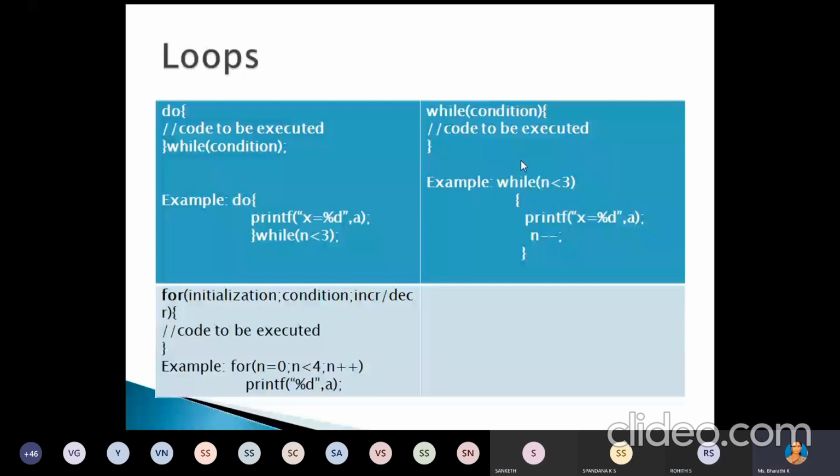First it will check the condition, then it will execute the body of that loop. In while loop, the syntax is while, then the expression or condition, then it will execute the body of that loop. Suppose this condition is false, it won't execute the body of the while loop, it will just execute the remaining part of the code.